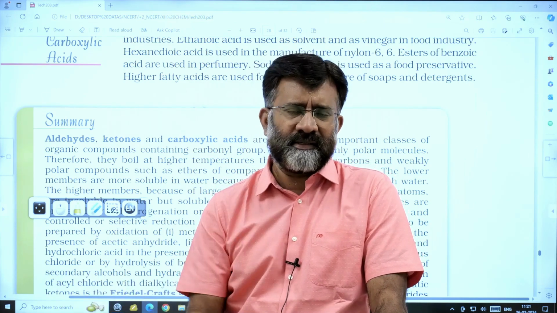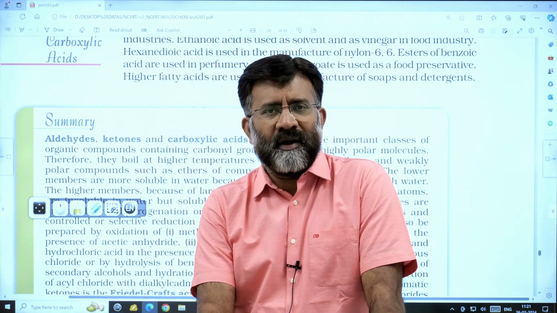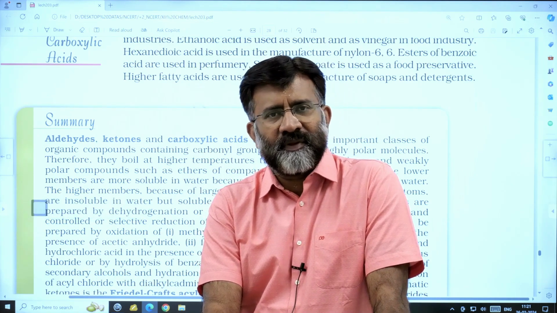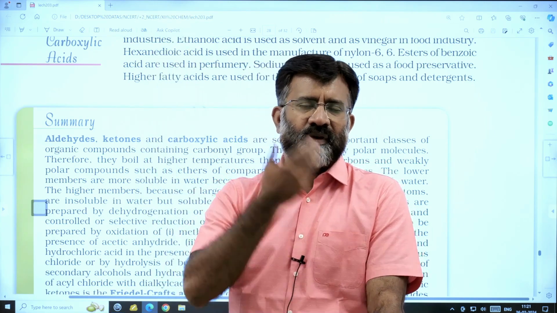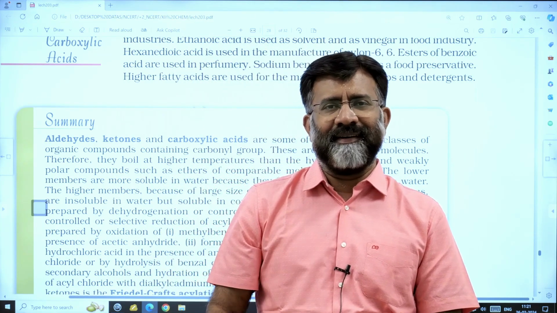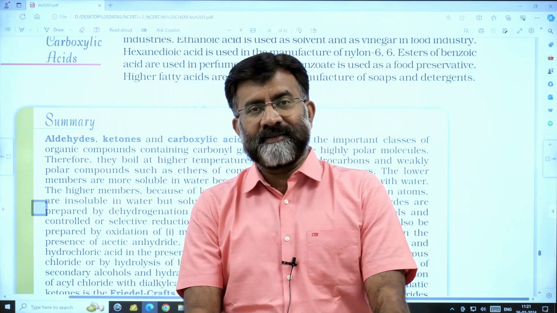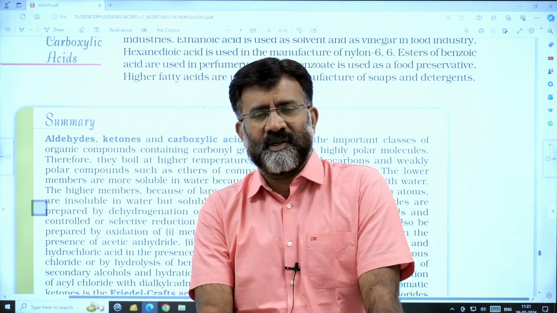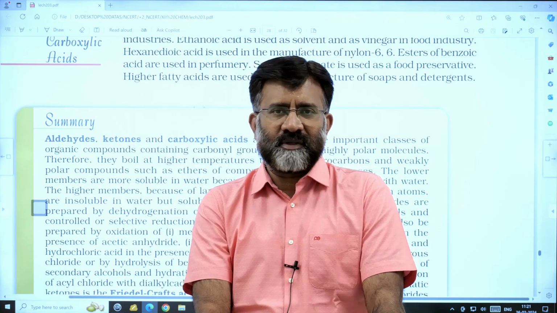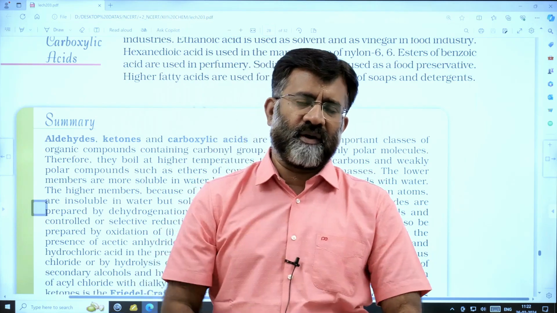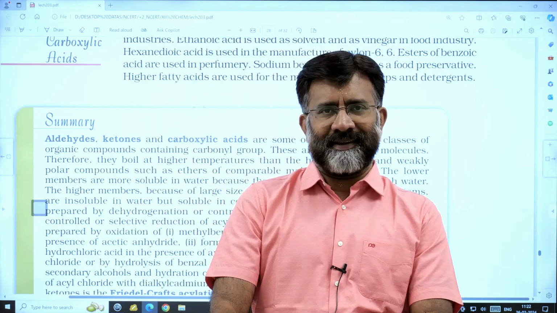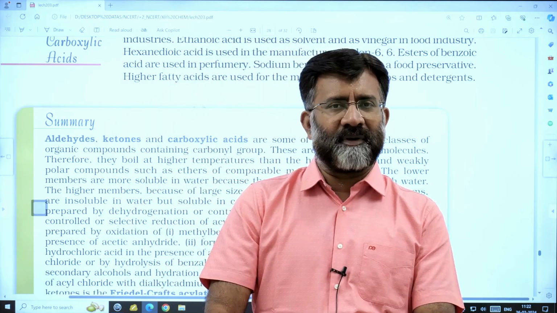A variety of reactions, reaction with dialkyl cadmium, iodoform test, etc. Various properties related to aldehydes and ketones, nucleophilic addition reactions, reaction with ammonia and derivatives, acetal formation reactions. Then acidic nature of alpha hydrogen atom, aldol condensation, Cannizzaro reaction, characteristics of carboxylic acid, preparation of carboxylic acid, the most important acidic nature of carboxylic acid, and a few reactions including esterification, finally the HVZ reaction, etc. A big chapter, a very important chapter from organic chemistry.